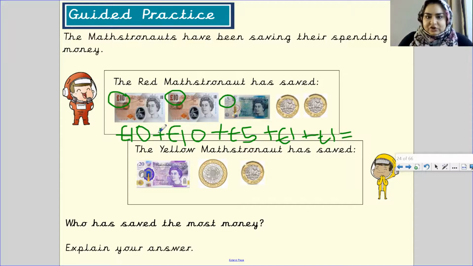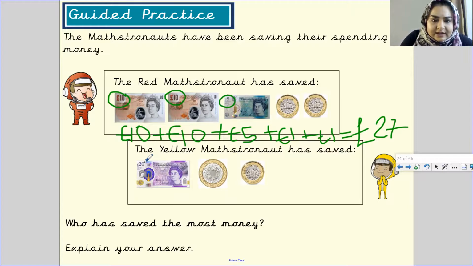So the red astronaut has saved 10, 20, 25, 26, 27. 10 add 10 is 20, 20 add 5 is 25, 25 add 1 is 26, 26 add 1 is 27. So he has saved £27. Can you see I'm using the pound sign and not the P sign, yeah?